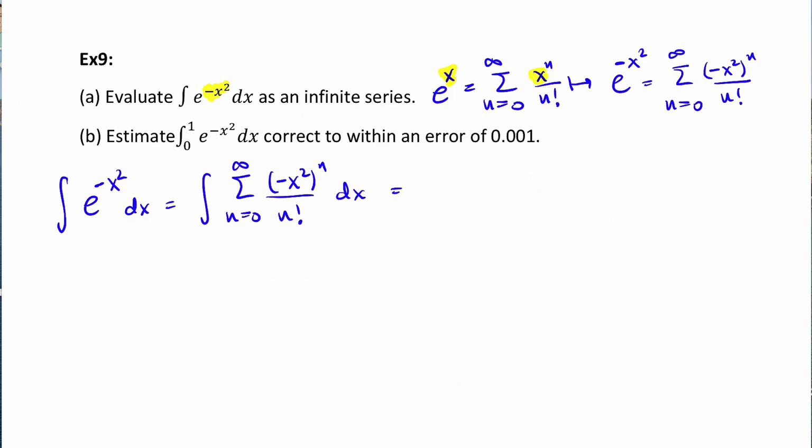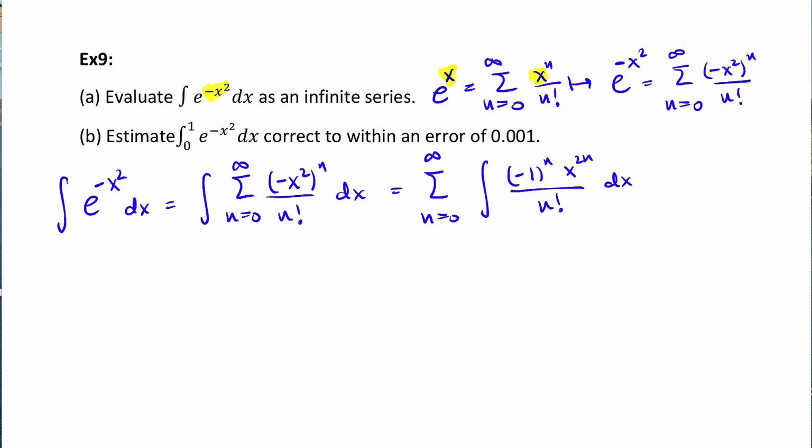And I know that I have to take the antiderivative of x to the 2n. So I'm going to get rid of that negative for a second. So this is the sum from n equals 0 to infinity of the integral of negative 1 to the n, x squared to the n, divided by n factorial dx. Again, you're finding the antiderivative with respect to x, so everything without x, you ignore.